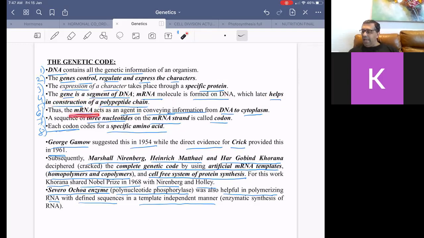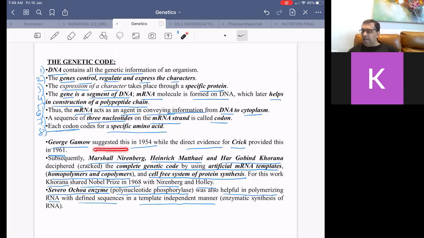Thus, mRNA acts as an agent in conveying information from DNA to cytoplasm. mRNA is the messenger RNA. A sequence of three nucleotides on the mRNA is called a codon. mRNA पे तीन न्यूक्लियोटाइड्स को कोडॉन कहते हैं. Each codon codes for a specific amino acid. So these were all the 8 characteristics of the genetic code.